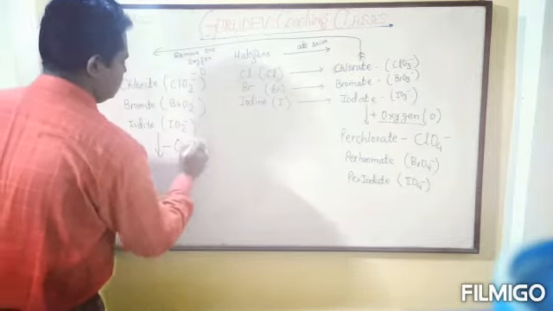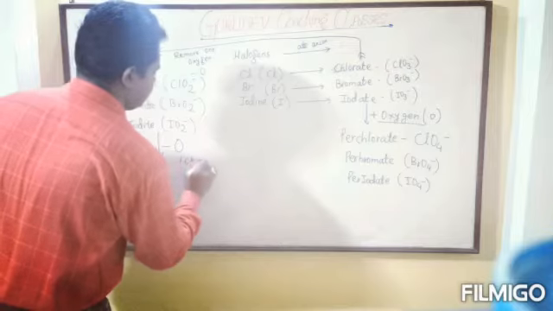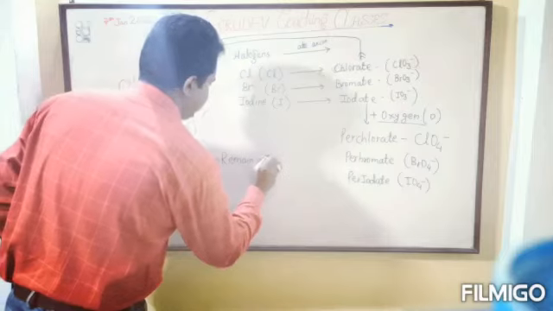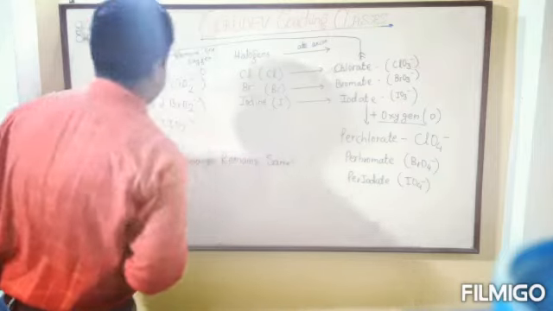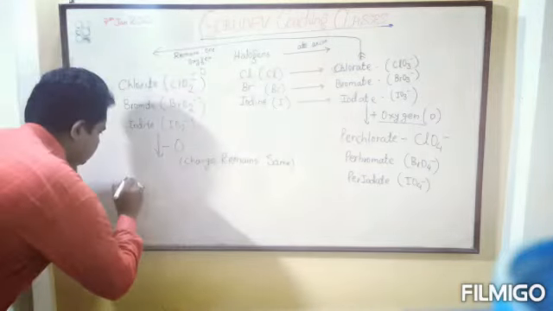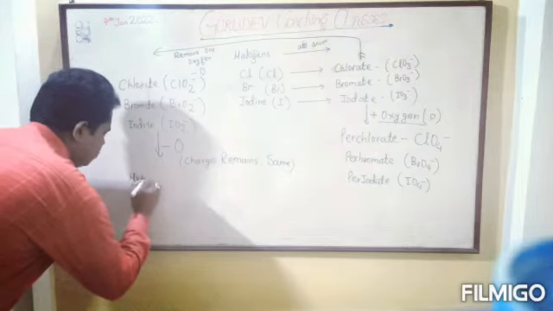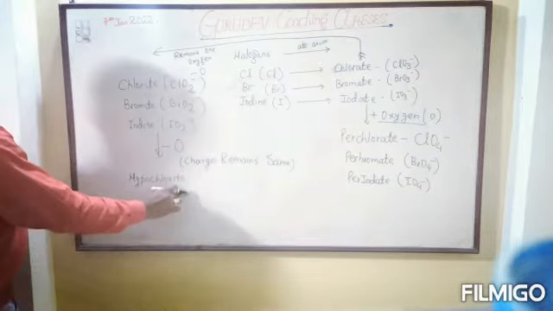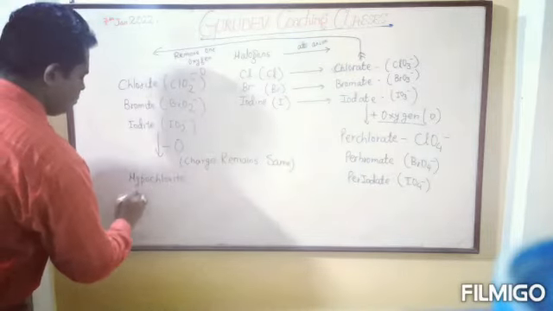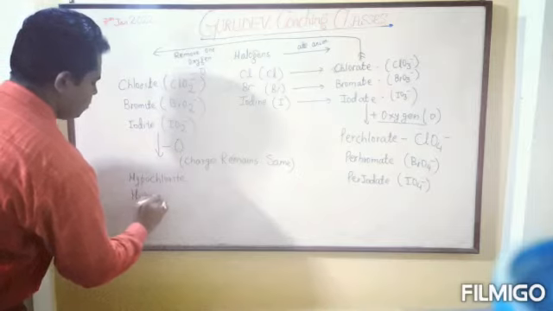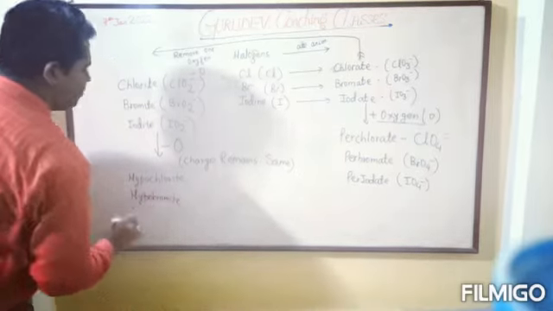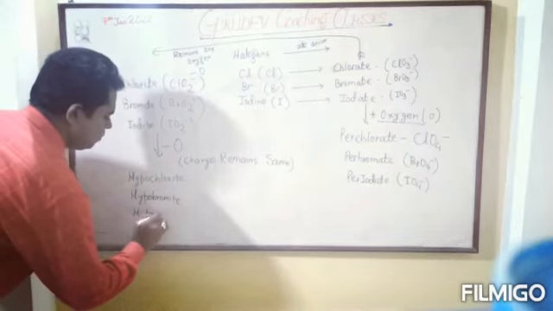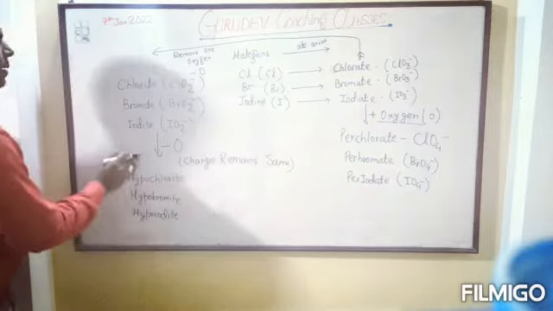Again minus O and the result is hypochlorite, hypobromite, and hypoiodite. The charge remains the same.